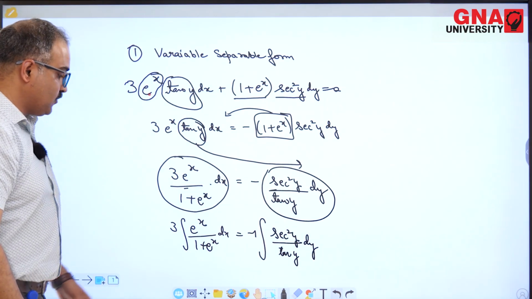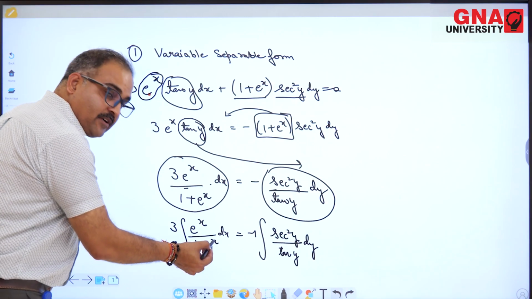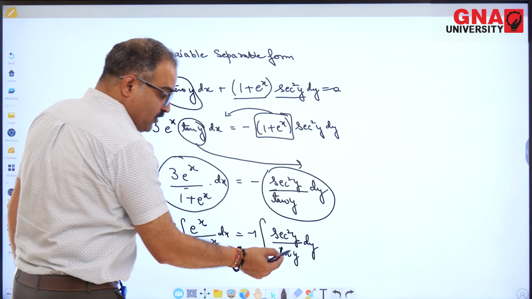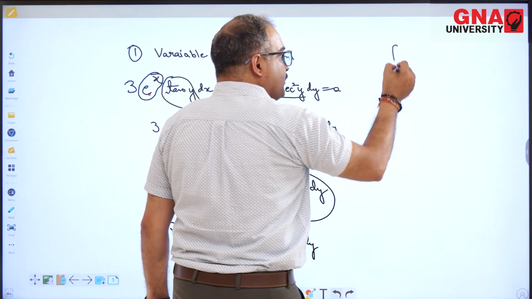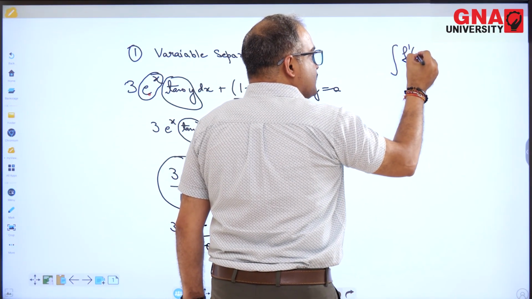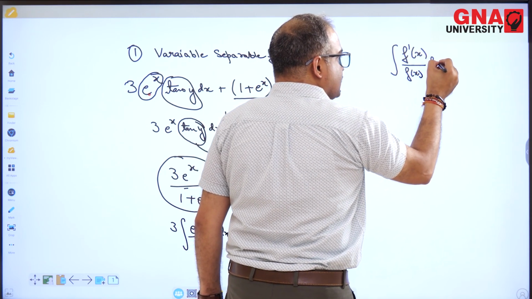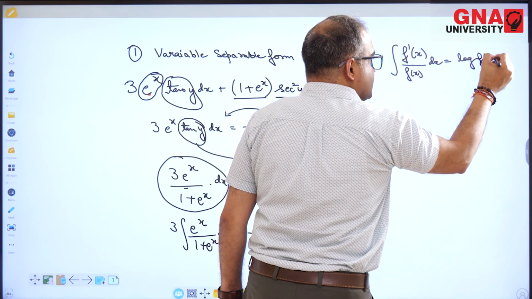I need to integrate. So for that one, now look, 1 plus e raised to power x has a derivative e raised to power x, and tan of y has a derivative secant square y. So I am using the formula integral of f dash x over f of x dx that counts to be log of f of x.